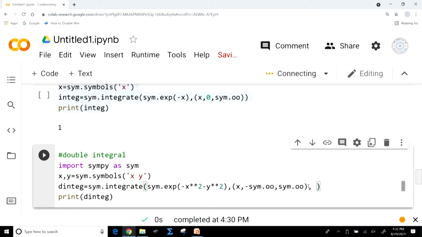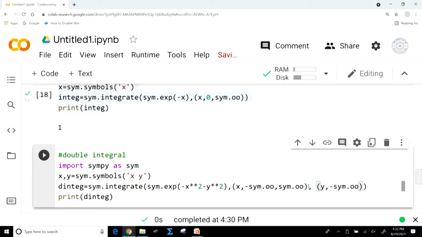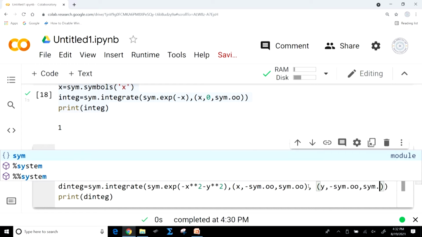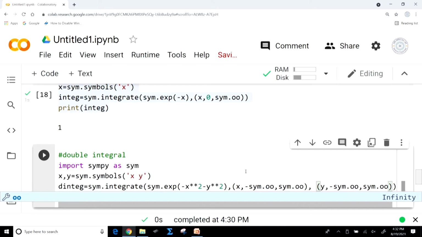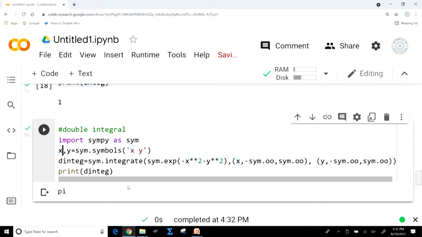So, this means double integral from minus infinity to plus infinity, minus infinity to plus infinity, of e raised to power minus x square minus y square dx dy. Let us see what the value is. We have already given the print command. So, the answer is pi.